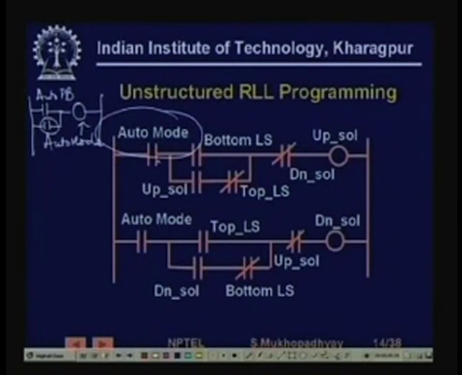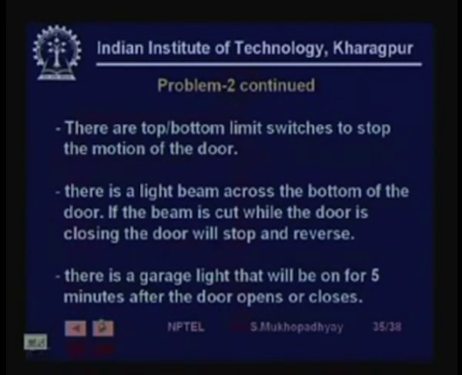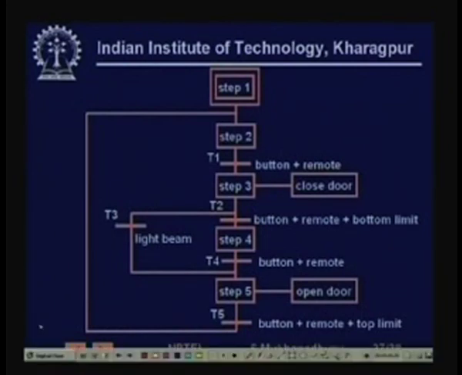So this is a sort of persistent input. There is a single button in the garage and a single button remote control. So you can have either a button pressed in the garage, or a button pressed from the remote. If a button is pressed from the garage or from the remote, then it will go to step 3 and start closing the door. This is the output.